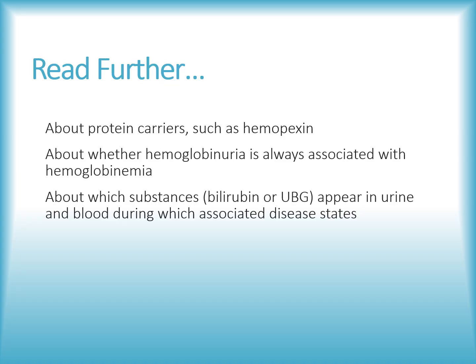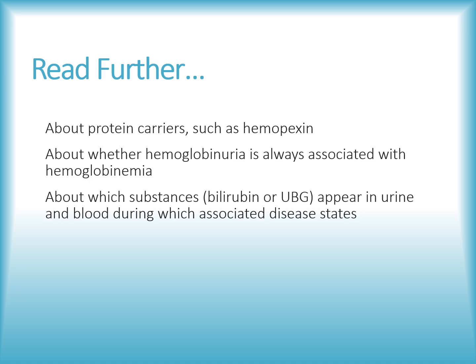As we come to the close of this first lecture on red blood cells and red blood cell metabolism, I definitely want you to do some further reading about protein carriers such as hemopexin. Hemopexin is just kind of a second line defense against free heme in circulation after hemolysis.